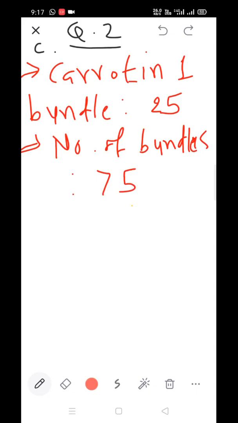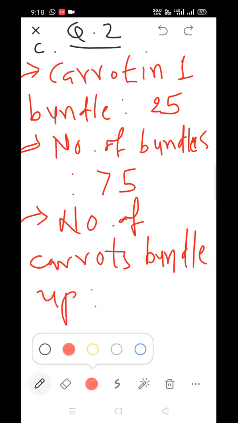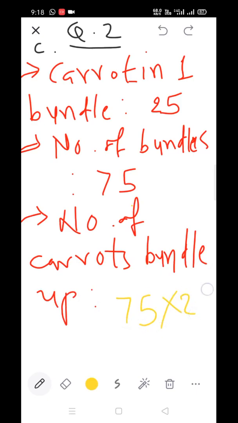Now asking for how many carrots did he bundle up. So number of carrots bundled up. For that we have to write down the horizontal multiplication. 75 multiplied by 25.